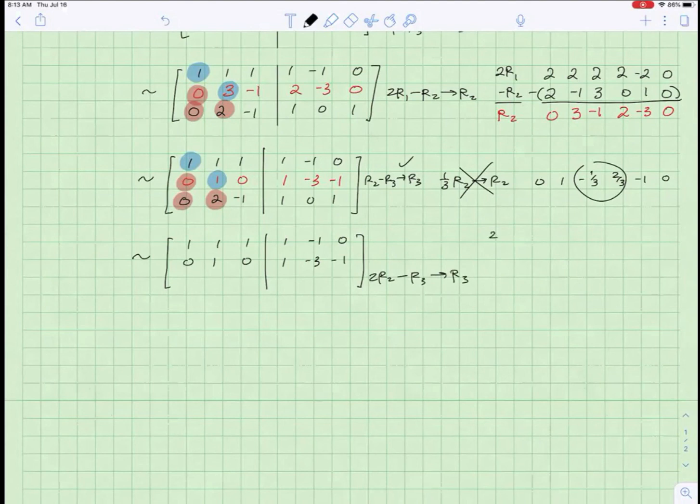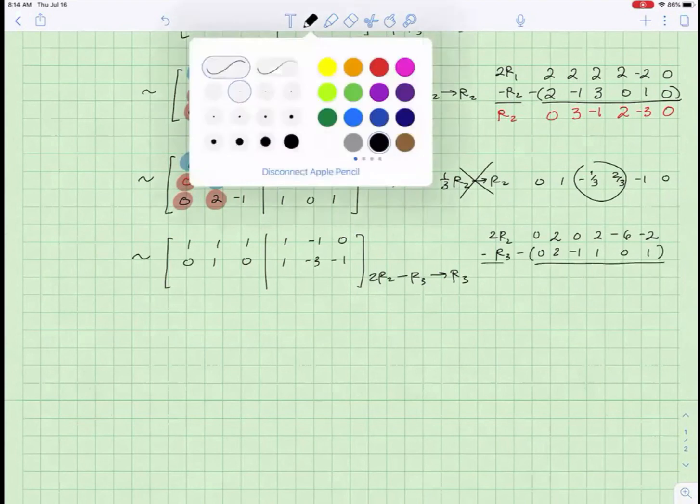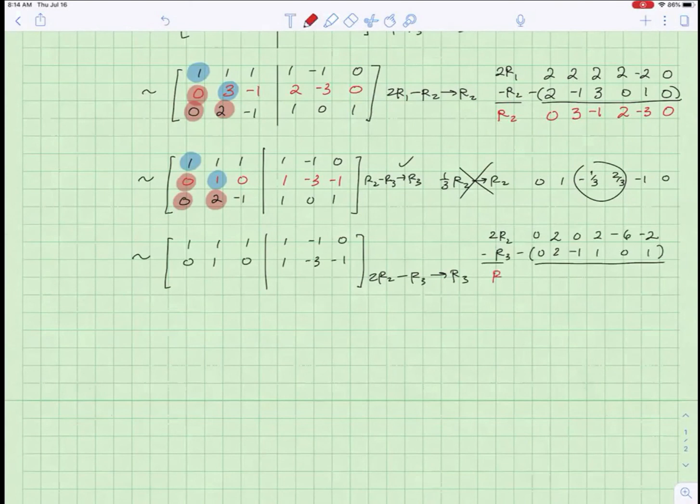So twice row 2 is going to be 0, 2, 0, 2, negative 6, negative 2. Row 3 is 0, 2, negative 1, 1, 0, 1. And we're going to subtract there. And that's going to be my new row 3.